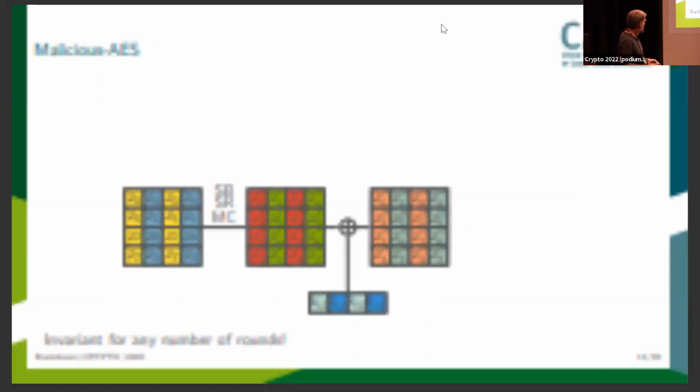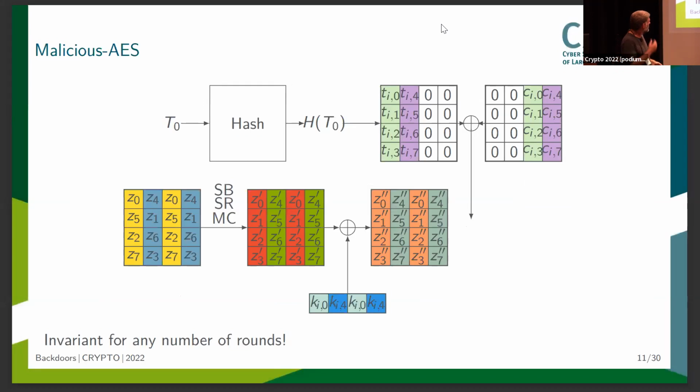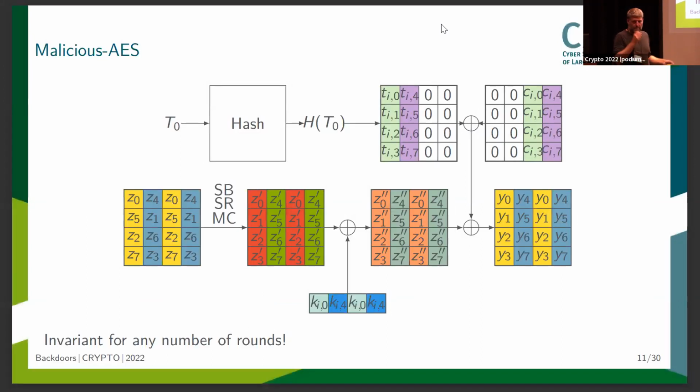So what happens is you start with this symmetric state, you apply all these round functions, you get a symmetric state, you add the symmetric key, you get a symmetric state, and now comes the tweak. So you take this tweak, you hash it, and because the tweak is T0, this thing is symmetric, and you get a cipher which is symmetric, so it can be broken practically for the tweak. Sorry, for the tweak T0.